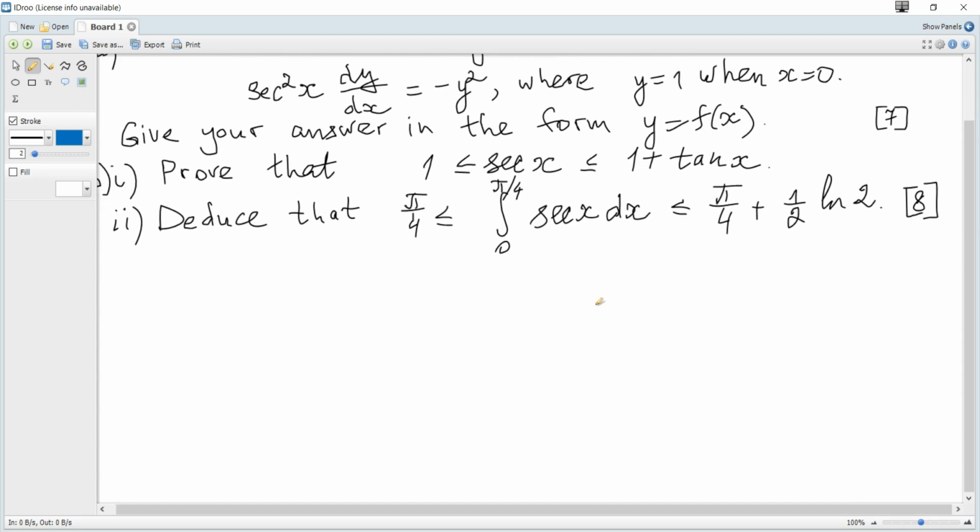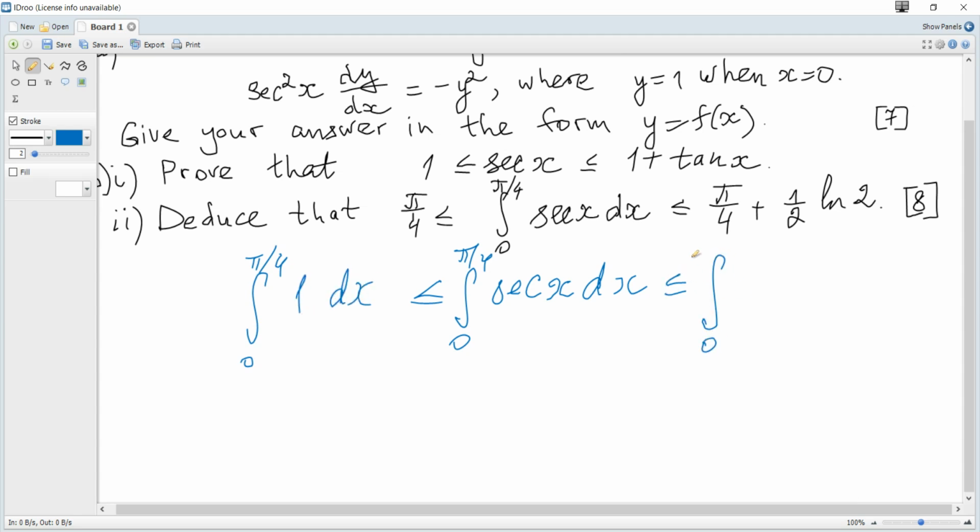So we can just consider integrals, hence the integral of secant of x dx from 0 to pi over 4 is greater or equal than the integral from 0 to pi over 4 of just 1 dx, and less or equal than the integral from 0 to pi over 4 of 1 plus tangent of x dx.